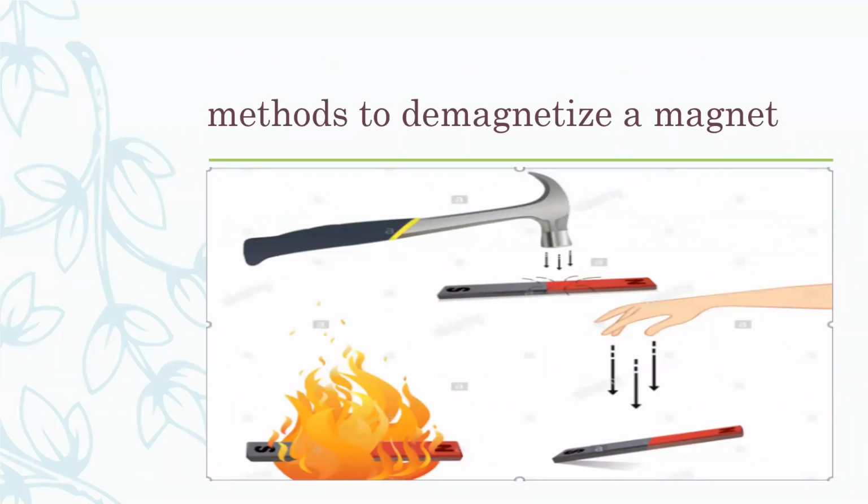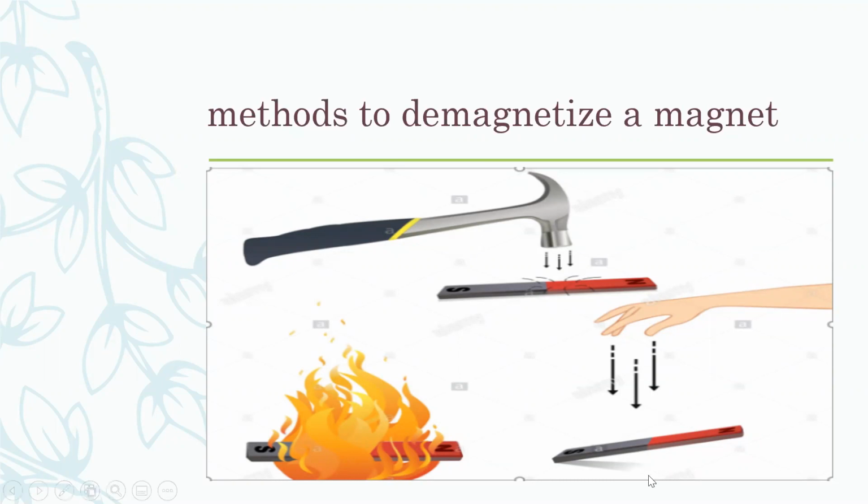These are the ways to make the magnet unmagnetized. By hammering: you can hammer the piece of the magnet repeatedly, and after that you will observe that the magnetic quality of the magnet will be quite lost.